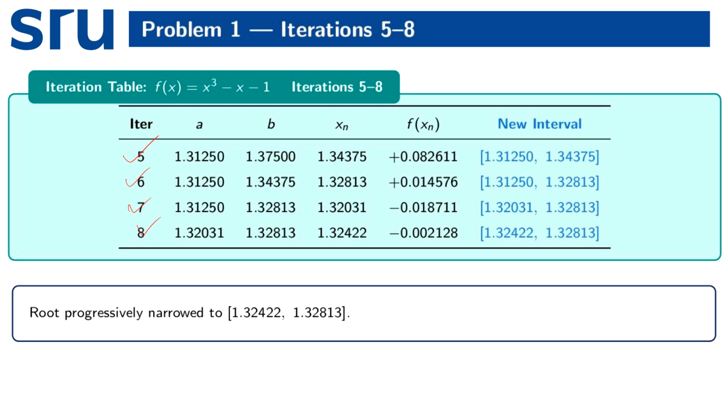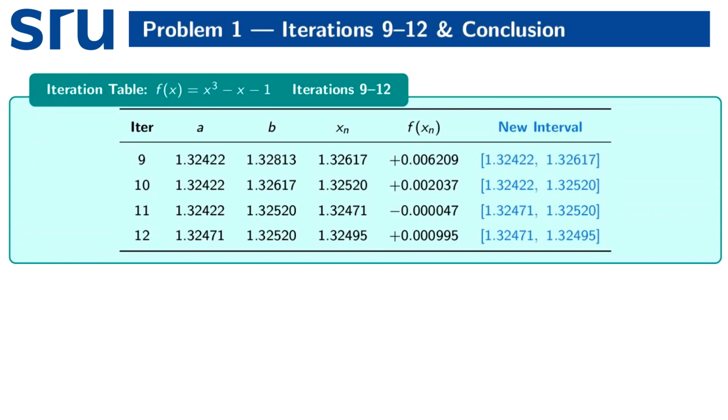Here we have progressively narrowed to this interval, that is 1.32422, and then it is 1.32813. Okay, you can observe here that the first three, 1.32 and 1.32, are repeated. So we are getting closer to the actual root where it lies, right?